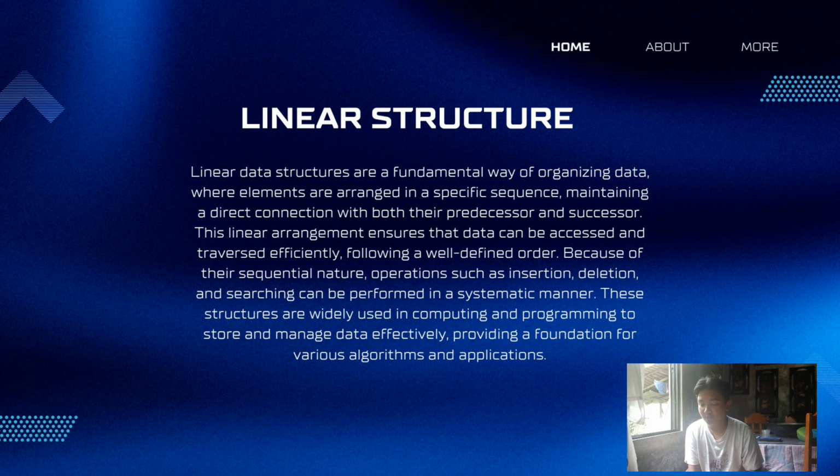Because of their sequential nature, operations such as insertion, deletion, and searching can be performed in a systematic manner. These structures are widely used in computing and programming to store and manage data effectively, providing a foundation for various algorithms and applications.